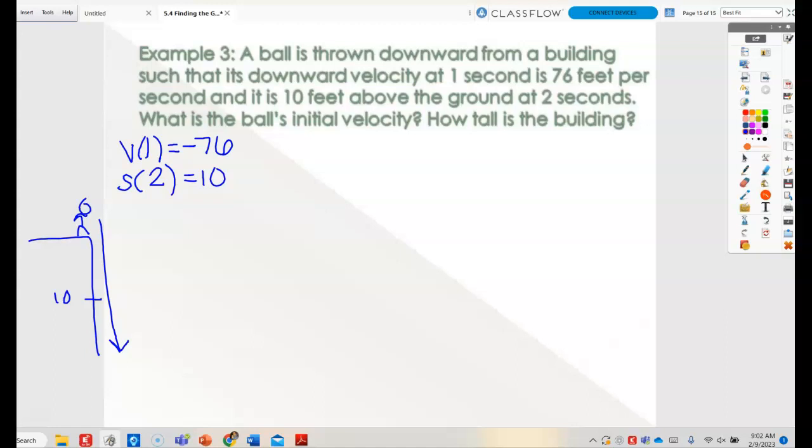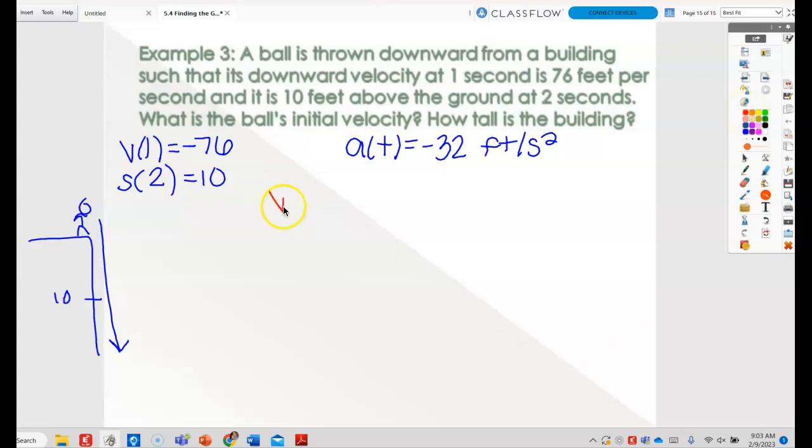So the acceleration due to gravity would be negative 32 feet per second squared. So why does that matter? Well, if we want to find velocity, I need to integrate acceleration.